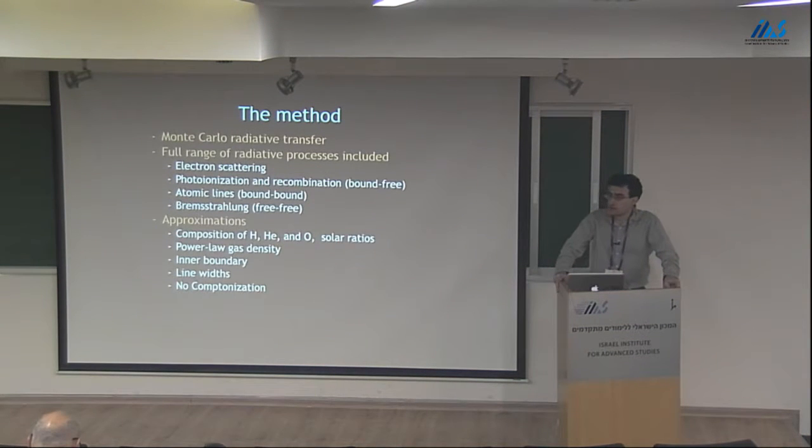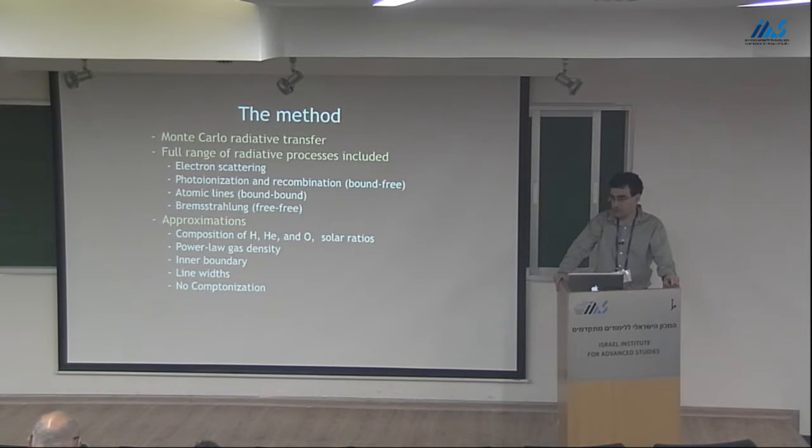So the radiative transfer that we're doing is with Monte Carlo, and we alternate between solving the transfer equation and then solving the non-LTE rate equations, which give us ionization states and atomic level populations. And we track all of the bound-bound, bound-free, and free-free transitions. Well, I should say we track about 1,000 of the bound-bound transitions and a few hundred levels for the bound-free.